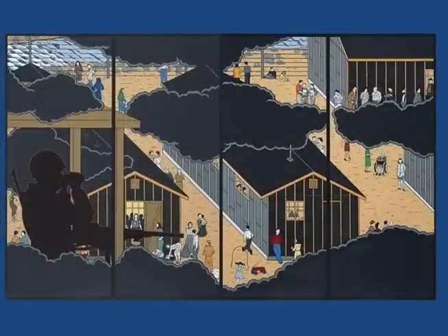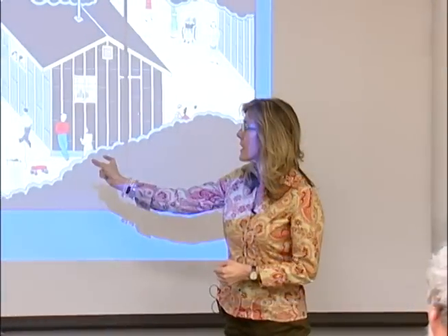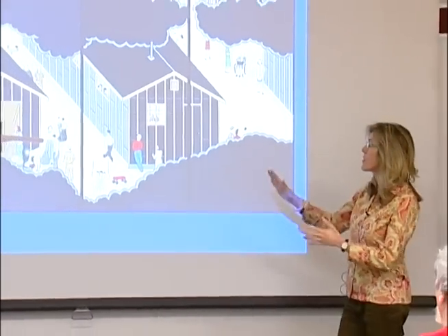This is the work we have in our JCCC art collection. It hangs in the Nerman Museum on the 2nd floor, and it documents his family's experience when they were living in a Japanese internment camp in Idaho. You can see the reference to Japanese screens, right? It looks like a folding screen.